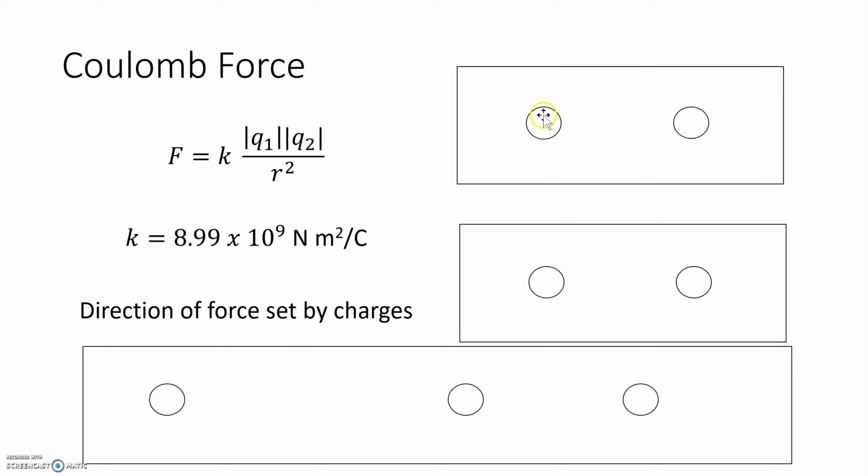So if I have a positive charge on one object and a negative charge on another object, they're both affected by each other, and the positive is attracted to the negative, and the negative is attracted to the positive. And both of those forces are the same size. I only need one equation to calculate it, because it's kind of like the golden rule. What one does to one, the other does to the other.